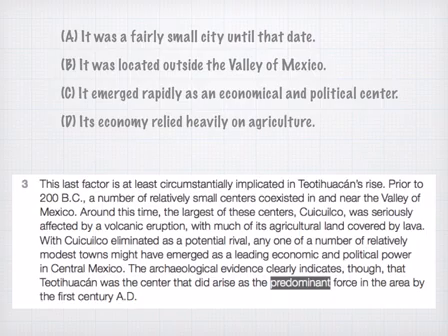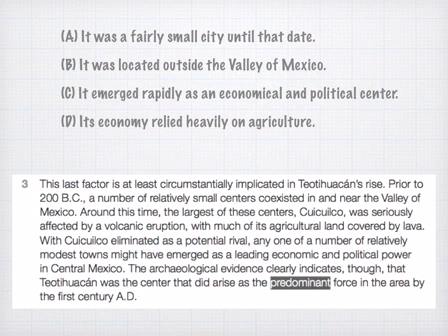Looking down at answer B, it was located outside the Valley of Mexico. Because in this first sentence, a number of relatively small centers coexisted in and near the Valley of Mexico, I don't think that we can use answer B here. We have this idea that there are a number of small centers in and near the Valley of Mexico, not outside it.